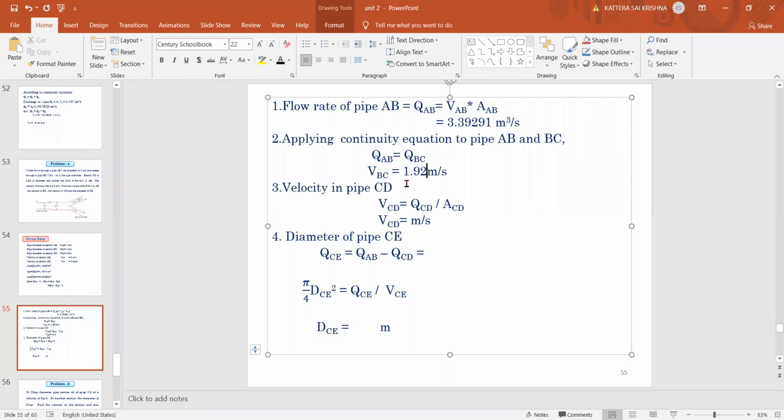Right, after that, you need to find the velocity in the pipe CD. So how will you find it? VCD equal to QCD by ACD. Do we have QCD value? QCD you can write as VCD into ACD.